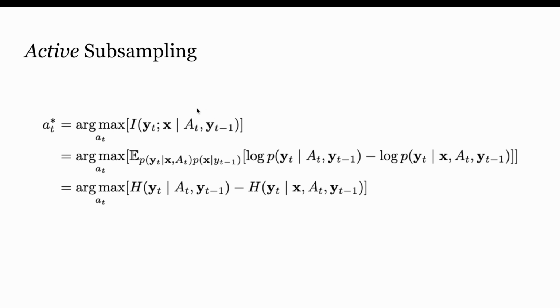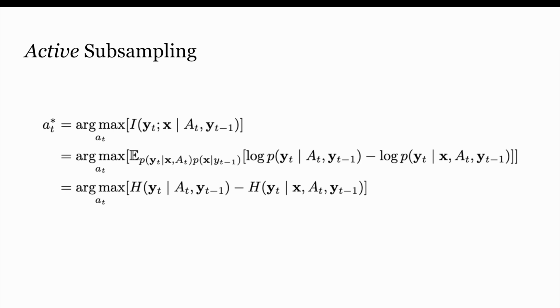And you can manipulate this and show that it's actually equivalent to maximizing this term, which is composed of two entropies. The first entropy here is the posterior measurement entropy. So if you've observed k measurements so far, and you're trying to imagine what will happen in these new locations that you haven't measured yet, you can measure the narrowness or broadness of that distribution with this entropy here.